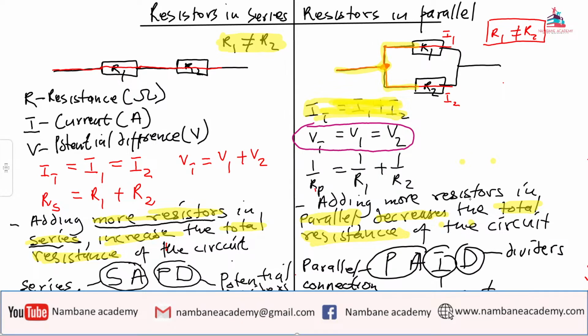Adding more resistors in parallel decreases the total resistance of the circuit. So if we had 3 and we are left with 2, it means now it is going to increase the resistance. And once resistance increases, the current of the circuit decreases. So we used this to explain that.